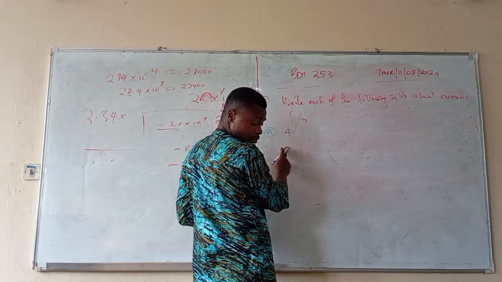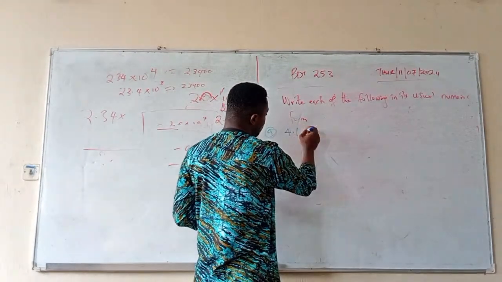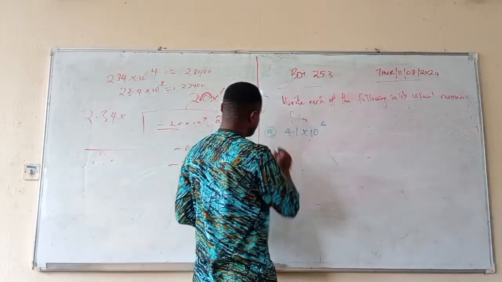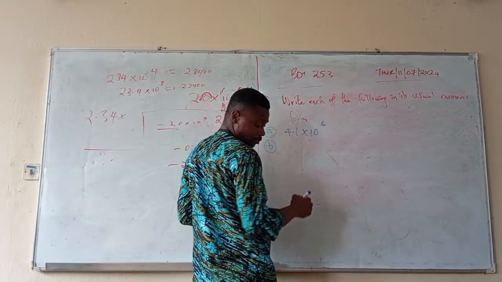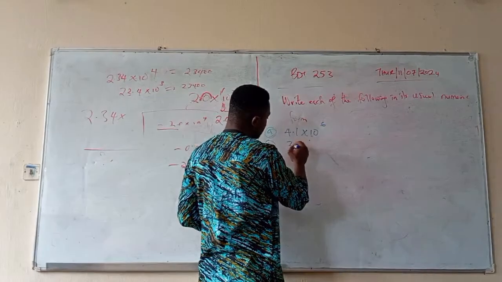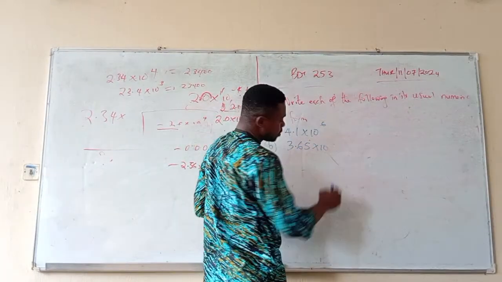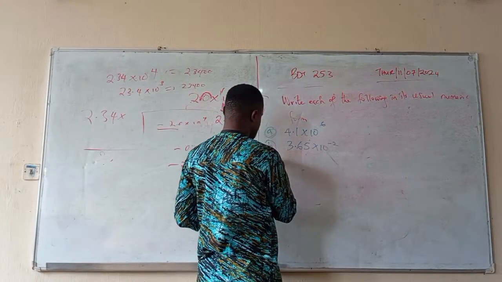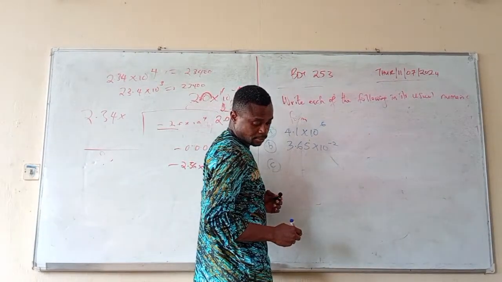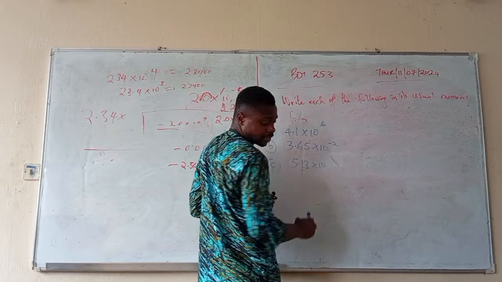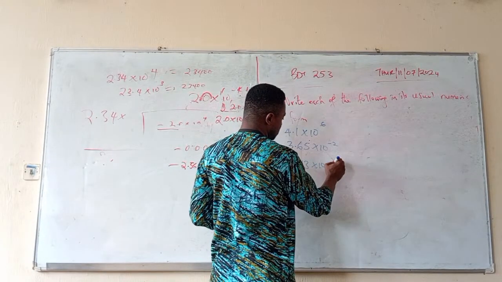All right. A, 4.1 times 10 to the power 6. B, 3.65 times 10 to the power minus 2. C, 5.13 times 10 to the power minus 6.